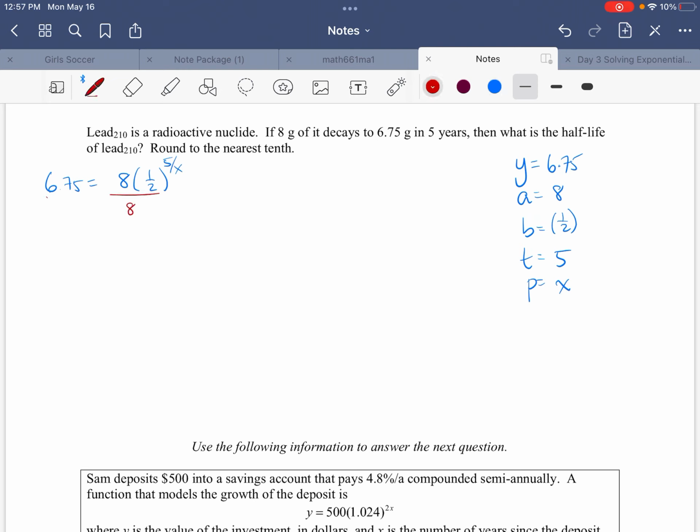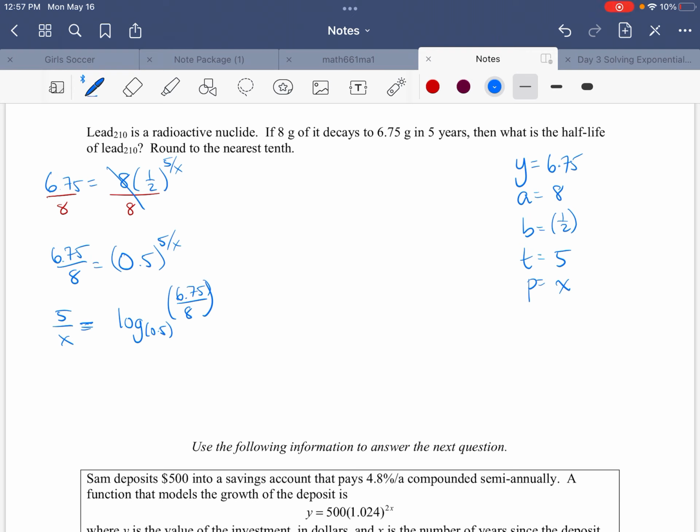So let's clean this up. Here, divide by 8, and you get 6.75 over 8 is equal to 0.5 to the 5 over x. All right, now let's take the log of either side. So 5 over x is equal to log base 0.5, or base half, of 6.75 divided by 8.